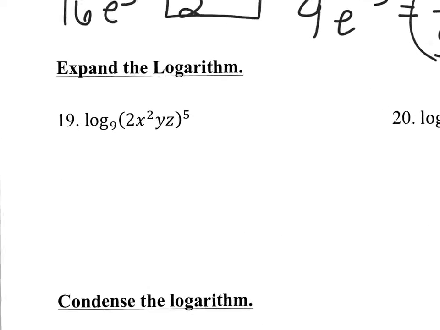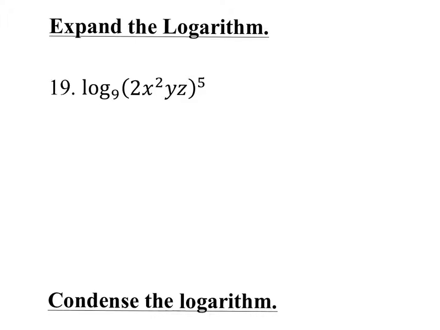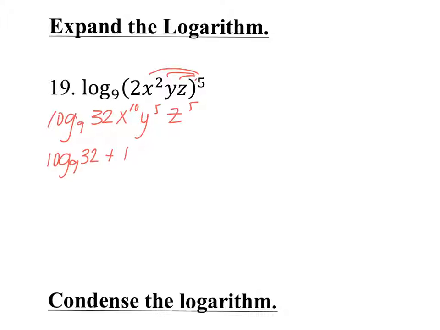So next question, it says expand the logarithm. So I'm going to go ahead and actually distribute this exponent inside. Maybe makes life a little easier. So I have log base 9, 2 to the 5th power is 32. And then I have x to the 10th, y to the 5th, z to the 5th. So now I have log base 9 of 32 plus log base 9 of x to the 10th power plus log base 9 of y to the 5th power plus log base 9 of z to the 5th power.